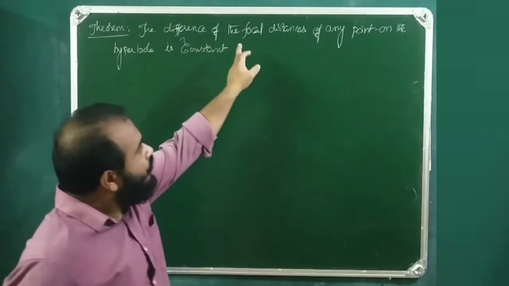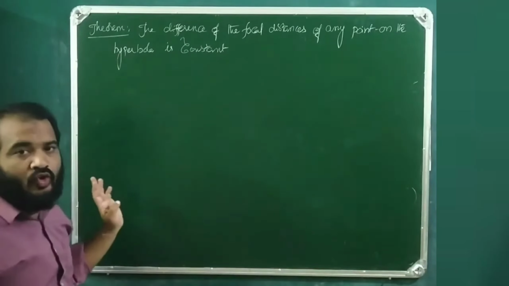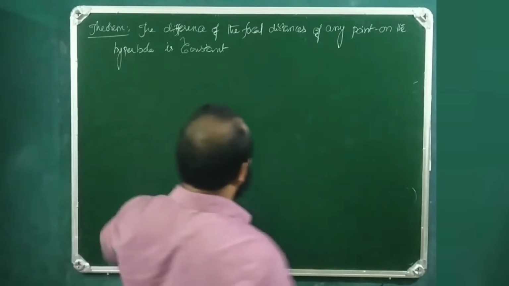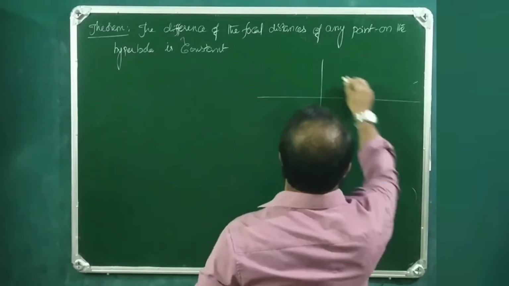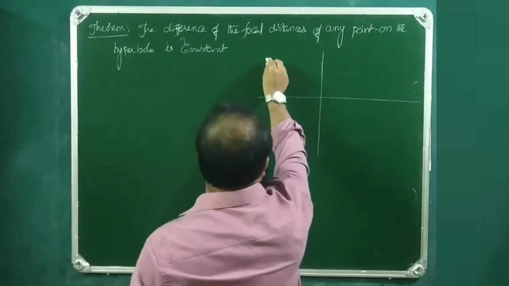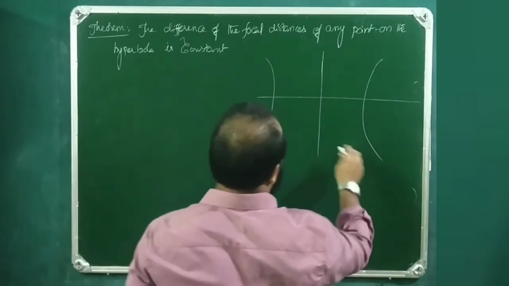The difference of focal distances of any point on the hyperbola is constant. So, let us take this coordinate axis. This is the hyperbola.